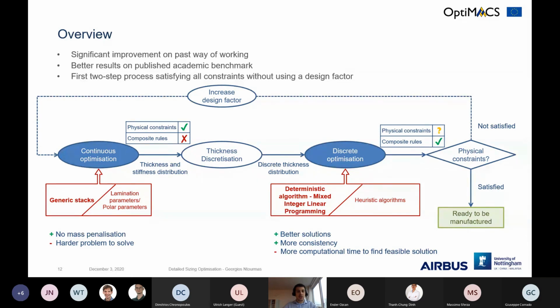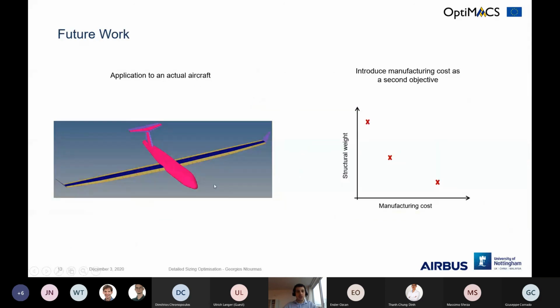Finally, it's the first two-step optimization process where we can actually get satisfaction of all the physical constraints in the end, without having to go back, increase the design factor, and penalize the mass of the structure. As for the future, we're currently setting up an optimization problem to apply this process on an actual aircraft, a large-scale structure, and see whether the results replicate as well as with the other benchmarks.